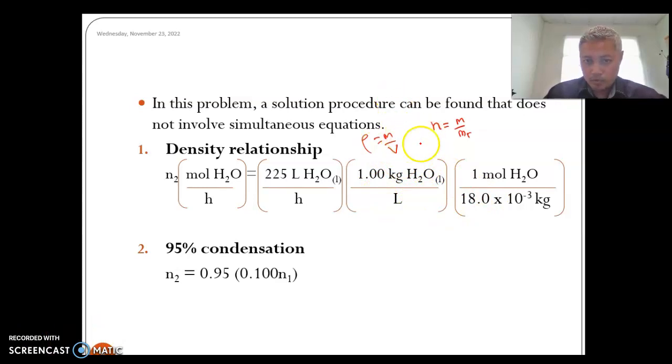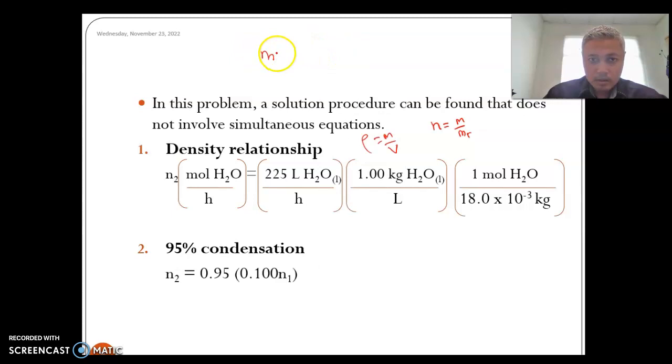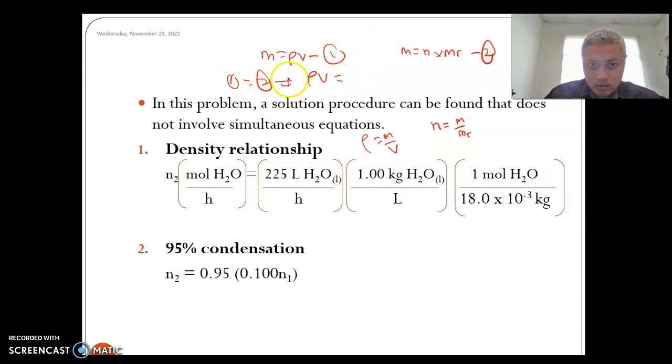Since we have these two equations, what we can do is, we don't want mass, right? So we can express this in terms of mass. M equals rho V, first equation, and we have M equals N times MR, second equation. So we can make it like this: 1 equals 2, which will give us rho V equals N MR, and we want it in terms of mole H2O per hour.